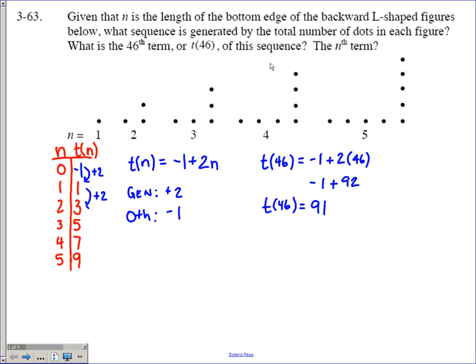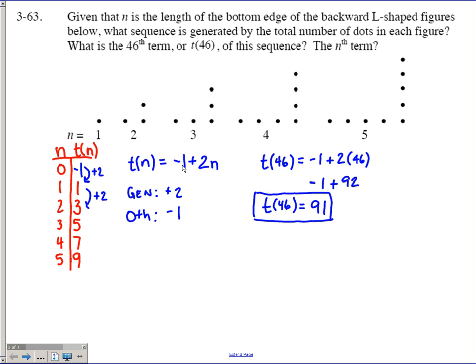We've already answered what the nth term in the sequence would be. Let's go ahead and box this in so we recognize the answer for this part: the 46th term was 91. If we're looking for the nth term, well, this is our nth term.